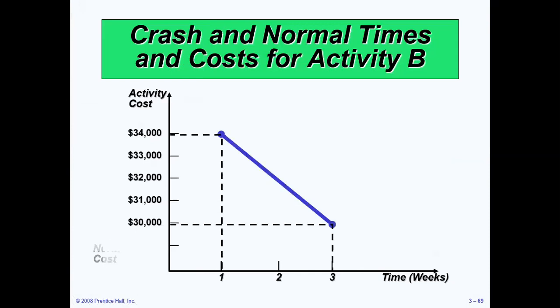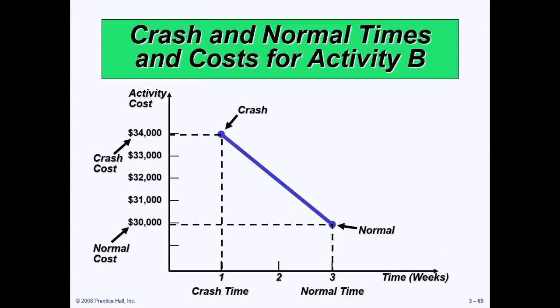We are now discussing the crash and normal times and crash and normal costs for activity B. We discussed in the previous slide that the normal cost of activity B was 30,000, its crash time is 1, and its normal time is 3.